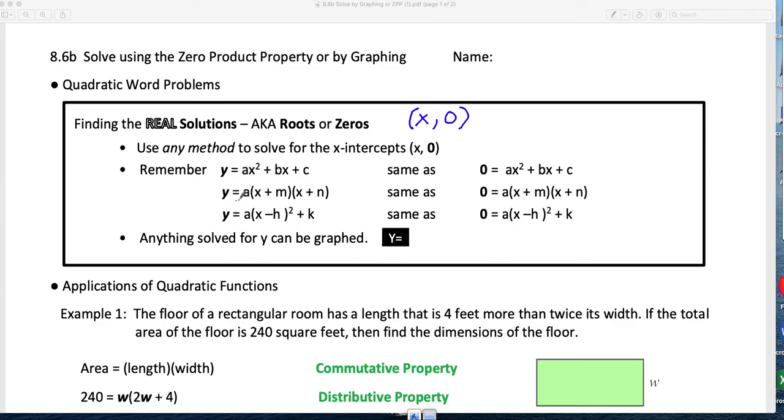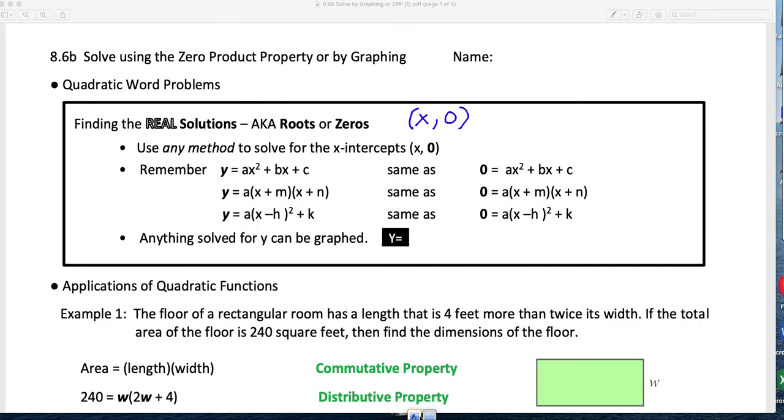This is factored form where a is a GCF, and here are the factors. And again, I am looking for x-intercepts. Every y in an x-intercept is a 0. So this means the same thing as a y. And this is vertex form. Exact same speech. All right, anything that has been solved for y can be graphed. Big point.